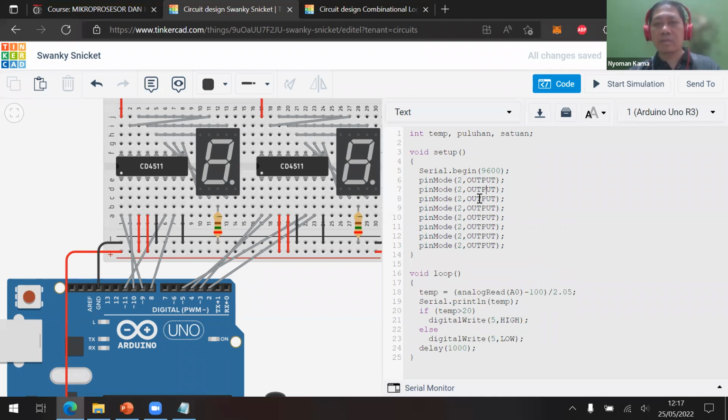So it will be 2, 3, 4, 5, and then 8, 9, 10, and then 11.